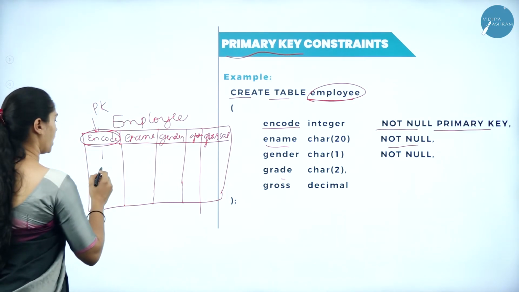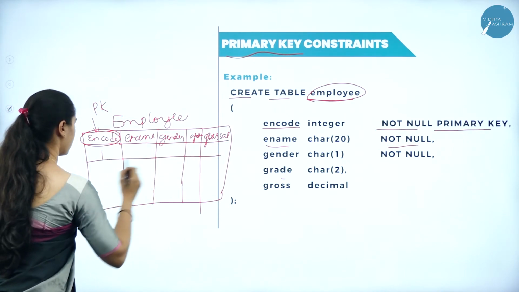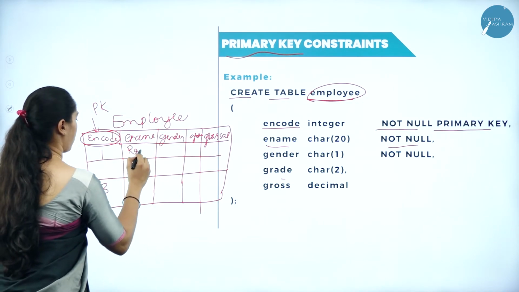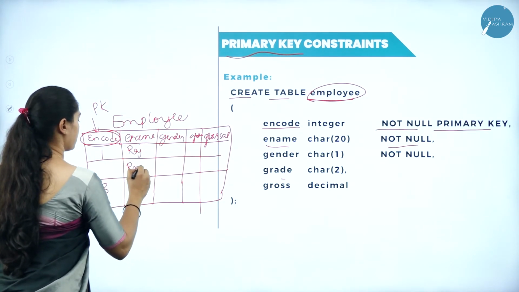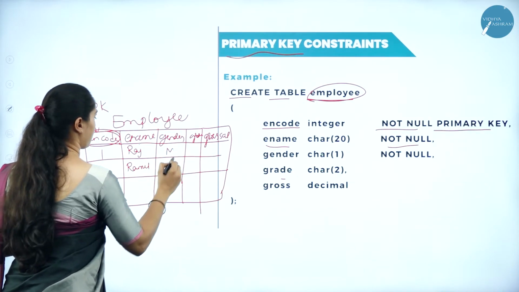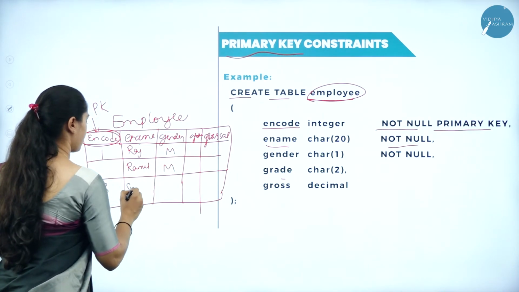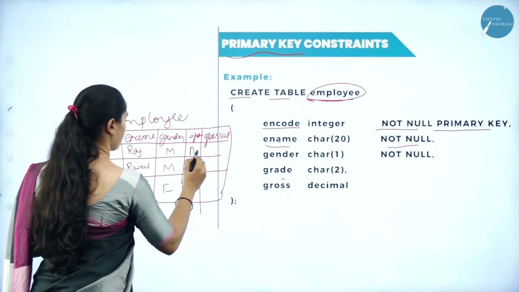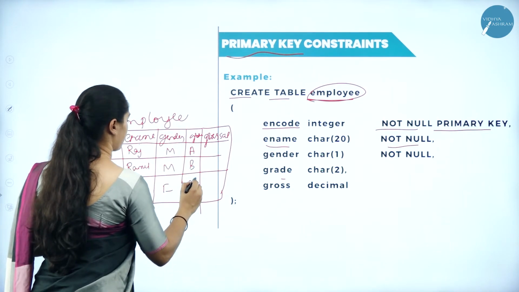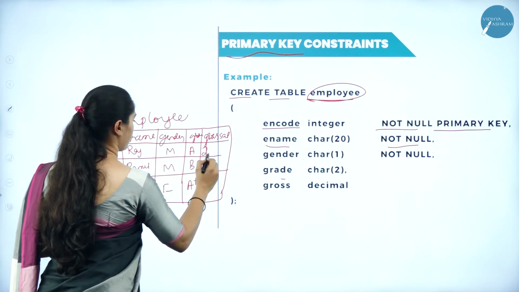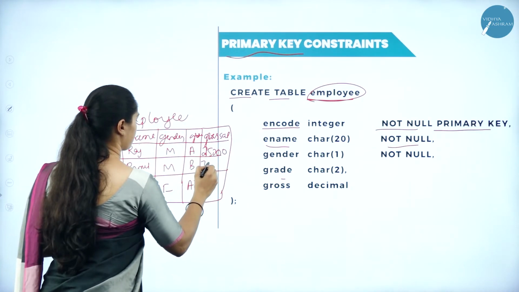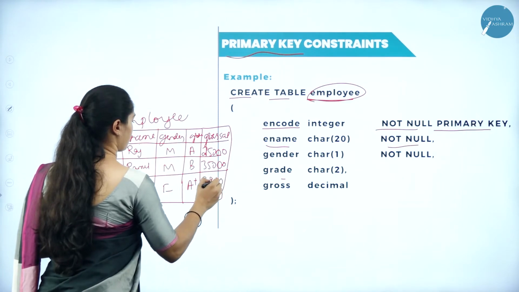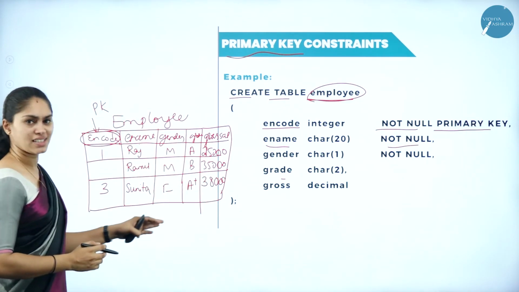For example, if I am taking 1 and 3, so just look at this table.